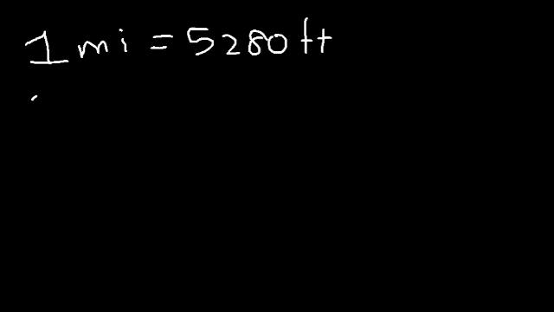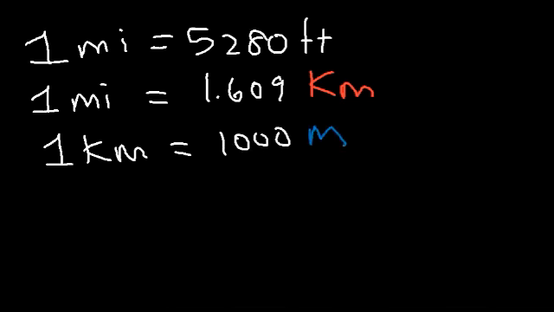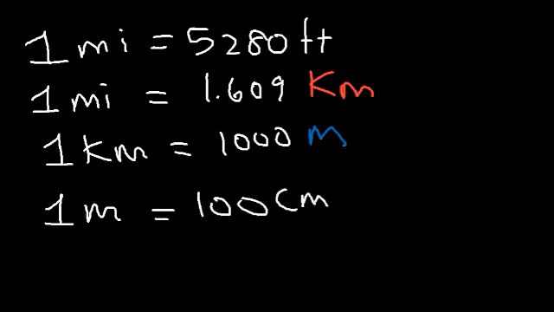Now let's move on to another topic, that is unit conversion. You need to know that 1 mile is equal to 5,280 feet. 1 mile is also 1.609 kilometers. Feel free to take notes. In 1 kilometer, there are 1,000 meters. 1 meter is about 100 centimeters.